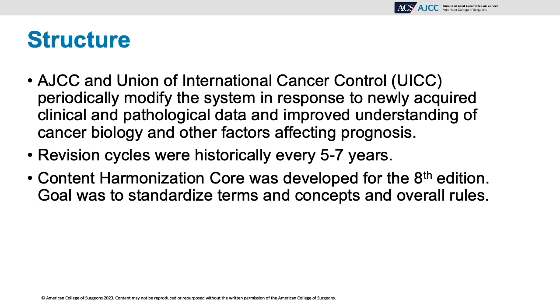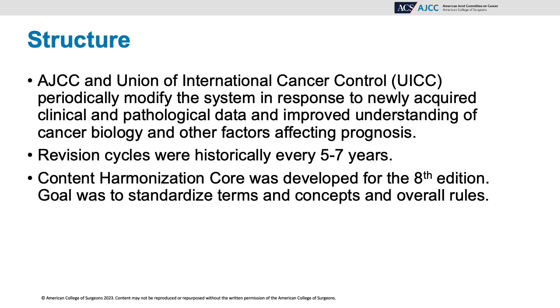The AJCC and UICC periodically modify the staging system in response to newly acquired clinical and pathologic data, and when we have improved understanding of cancer biology and other factors that affect prognosis. Typically, the revision cycles were every 5 to 7 years.